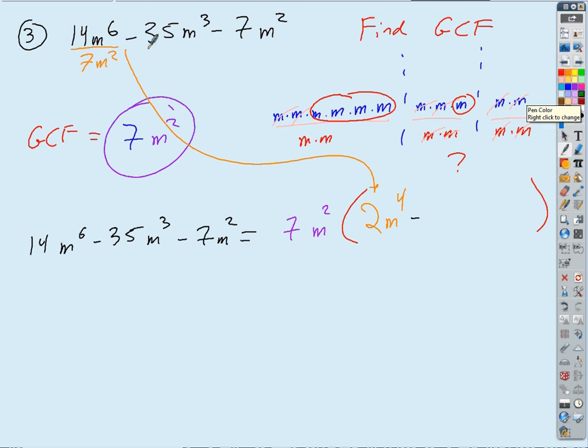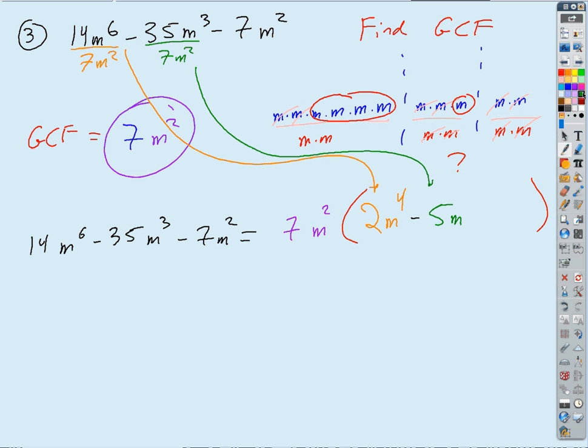We're going to get minus, let's do this one. So 35m cubed divided by 7m squared. Negative 35 over 7 is negative 5. M cubed divided by m squared is m.